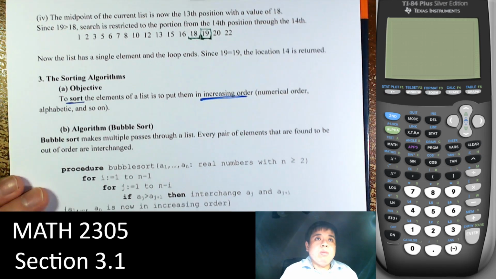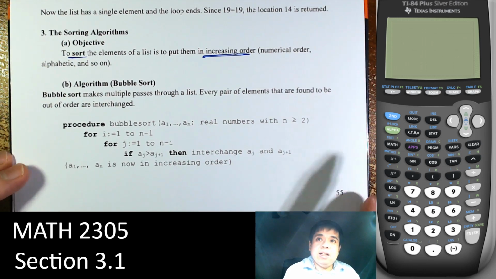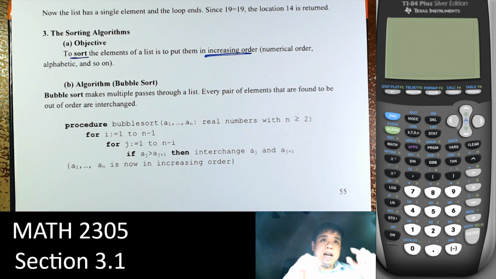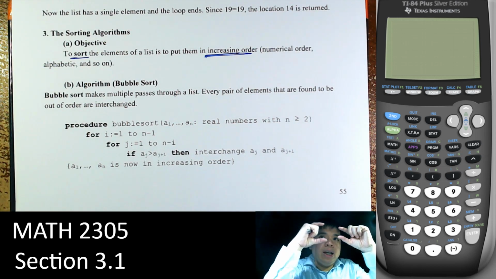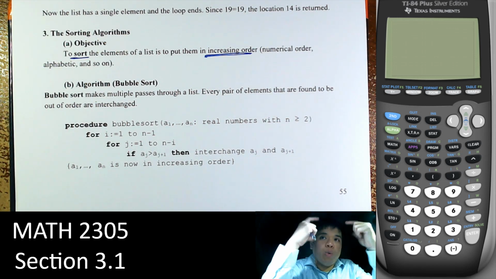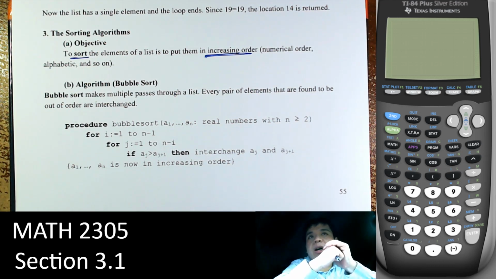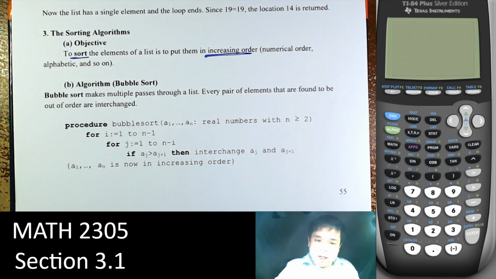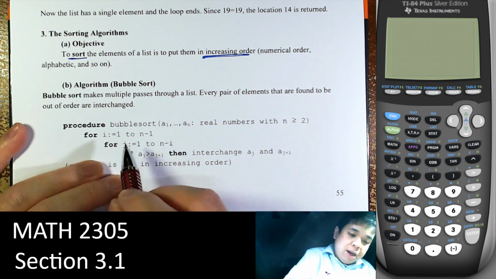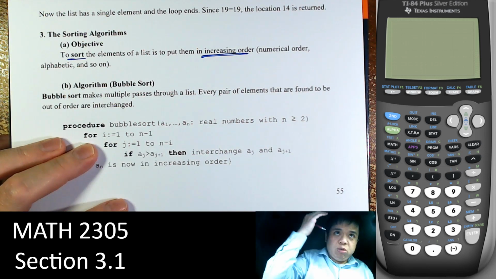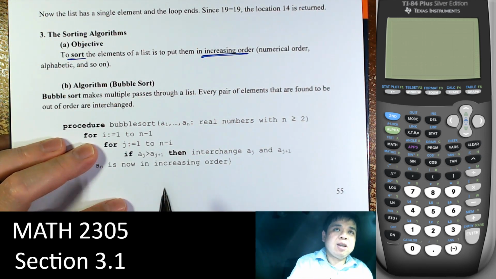I don't know why we came up with the name bubble, but here's how it works. We compare two elements. If they are in the right order, we keep them. If not, we switch them. So we go pairwise through the entries. By the way, there's one thing I want to talk about: it will run through every entry in the list except the last one.